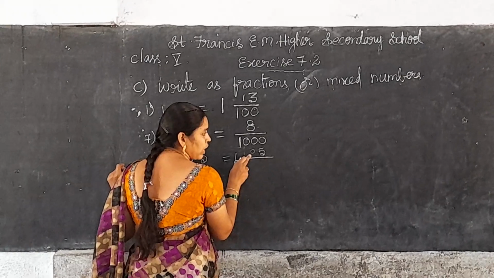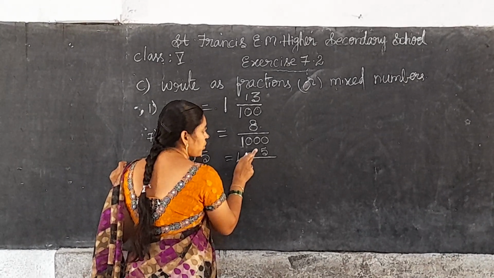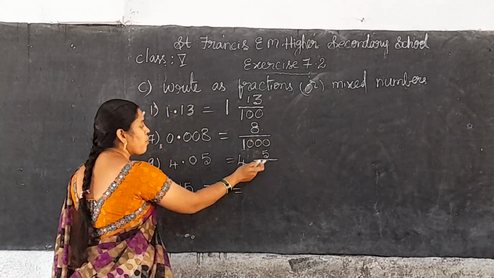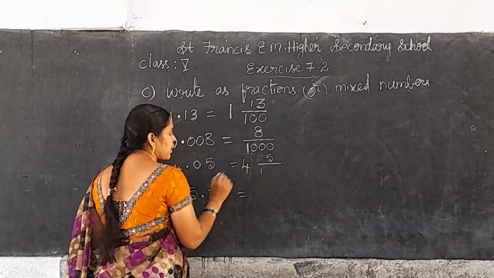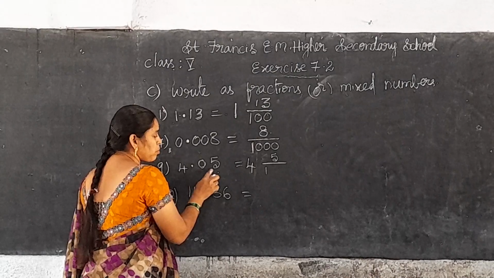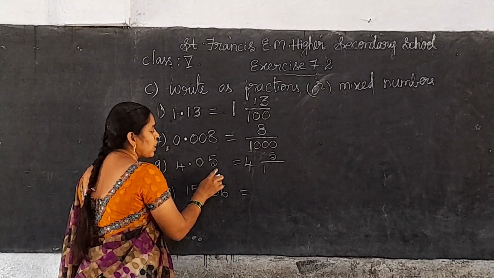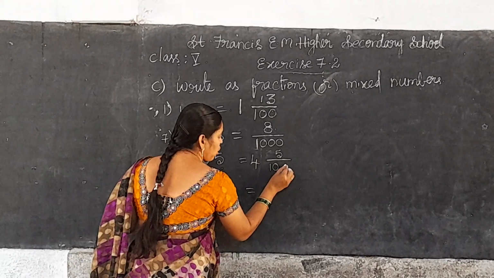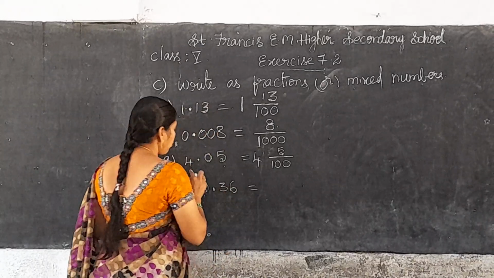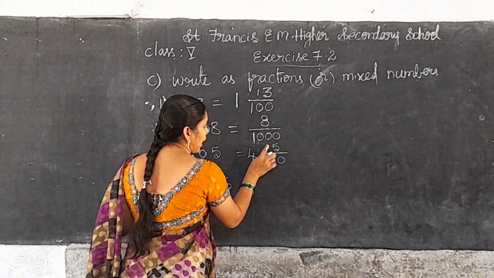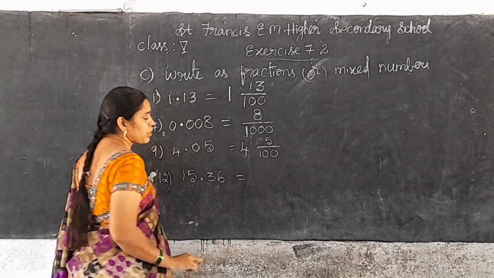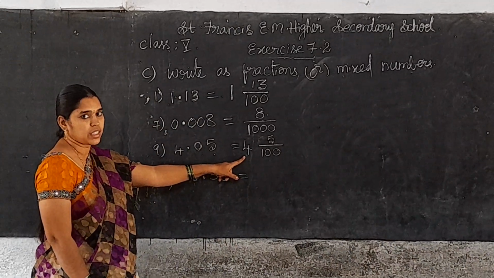Does the 0 on the left side have any value? No. So no need to mention that 0. 5. Then you should write 1 in the denominator. After the point how many numbers are there? 2 numbers. The 2 zeros should follow this 1. So 4.05 is equal to 4 5 by 100. This is the mixed fraction.